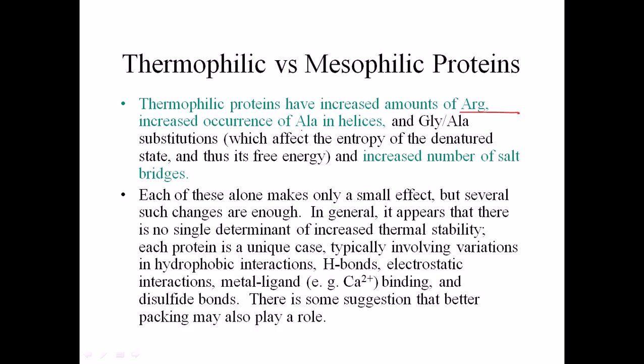Normally in the mesophilic protein helices we can find many alanine residues. If we take one mesophilic protein and one thermophilic protein, both are supposed to be helices. The mesophilic protein helix contains alanine, and the thermophilic protein has the same three-dimensional structure, also a helix, but consisting of more arginine residues instead of alanine residues. So this residue variation is also giving them stability at higher temperatures.